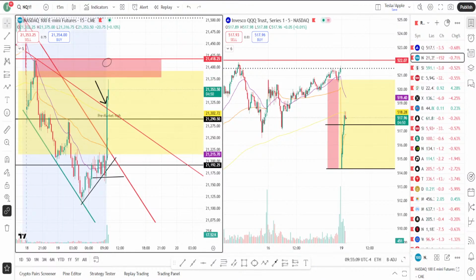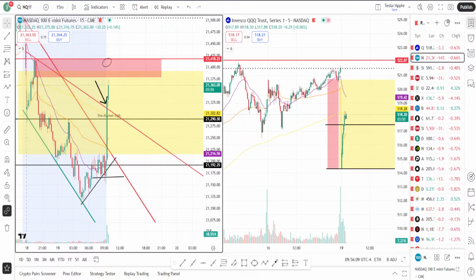Looks like they want to push a little bit higher, but there's not much room left to go. Pushing higher.